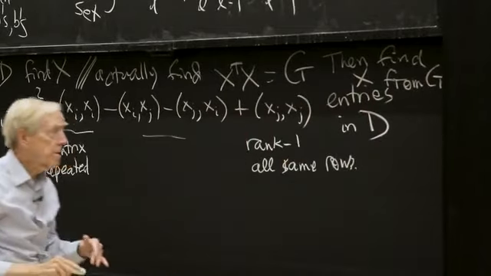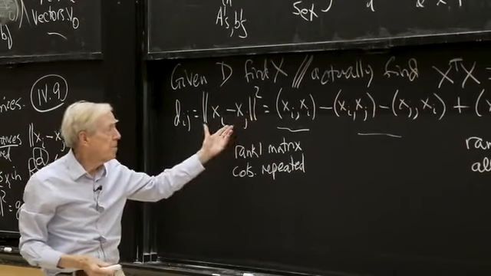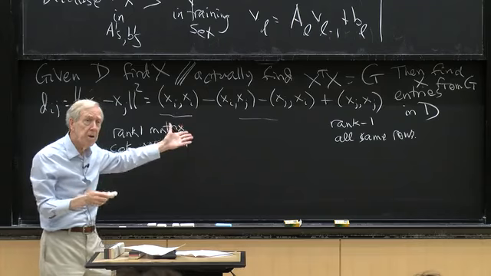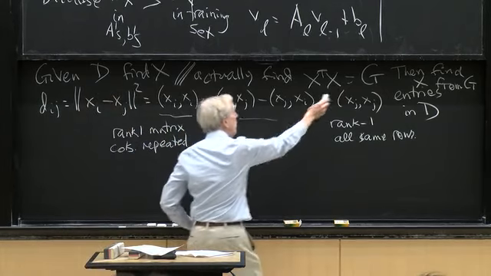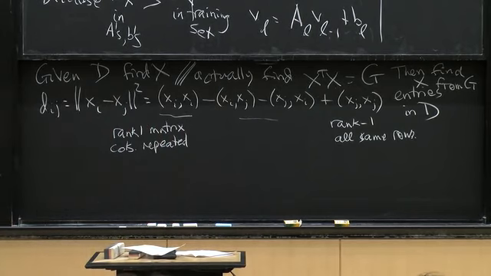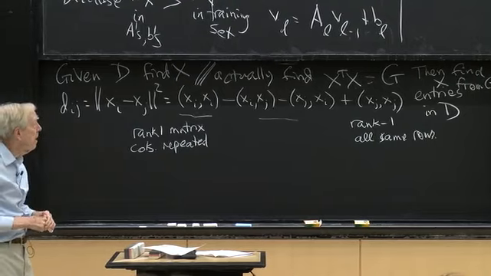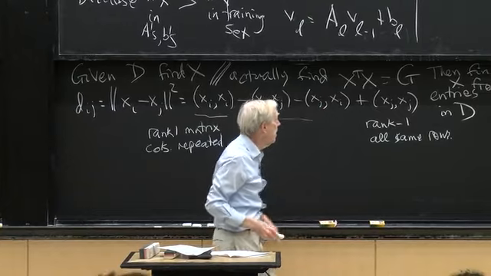So this is a nice argument. So what this tells me is some information about dot products. So this is telling me something about the G matrix, the X transpose X matrix. And then once I know G, then it's a separate step to find X. And of course, this is the point at which X is not unique.